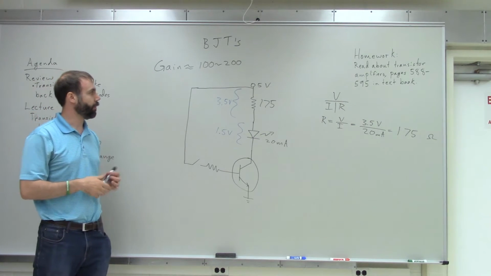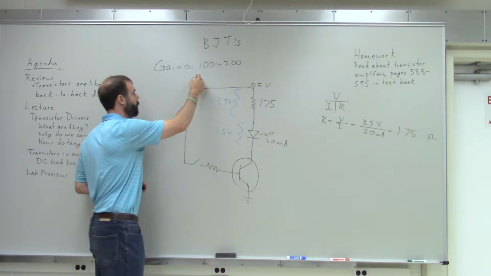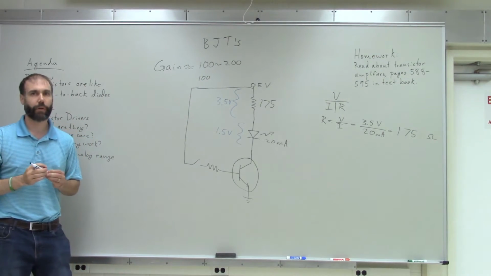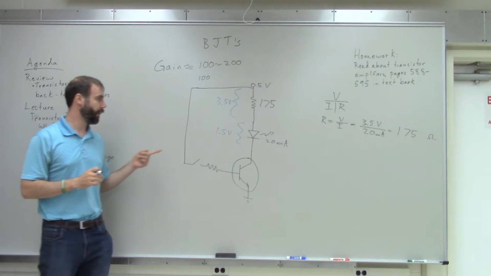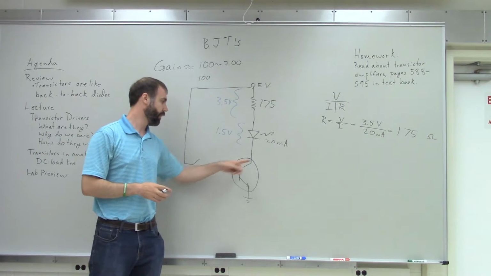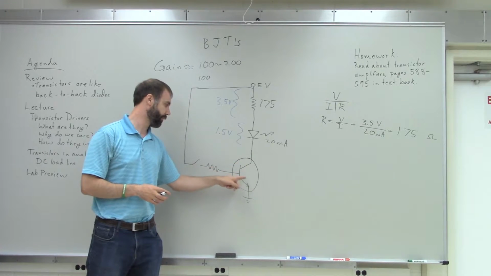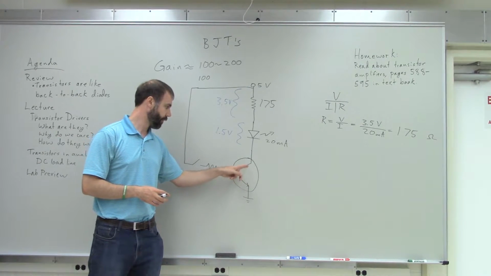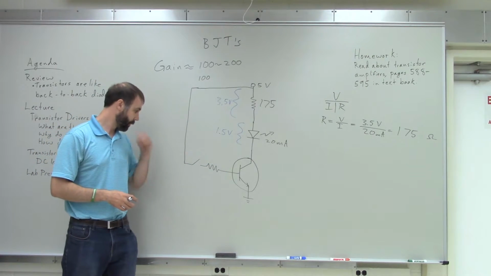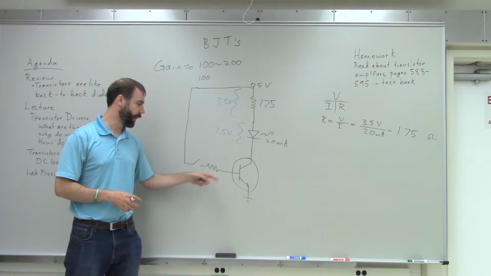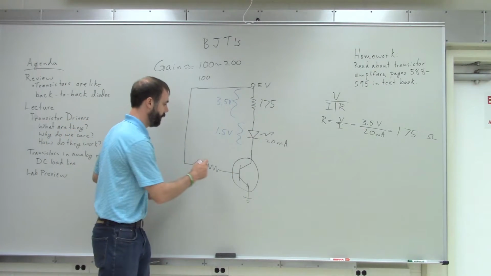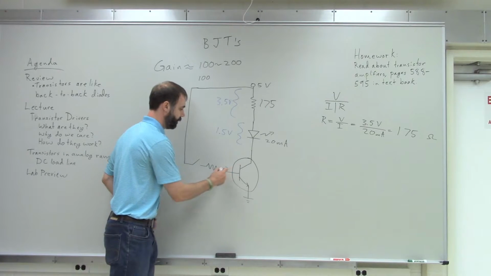We're not exactly sure what it was, but let's say that it was 100. Okay? So suppose it was a gain of 100, and we wanted to have exactly 20 milliamps flowing through this transistor when we were supplying current. How much current would we need to supply here?